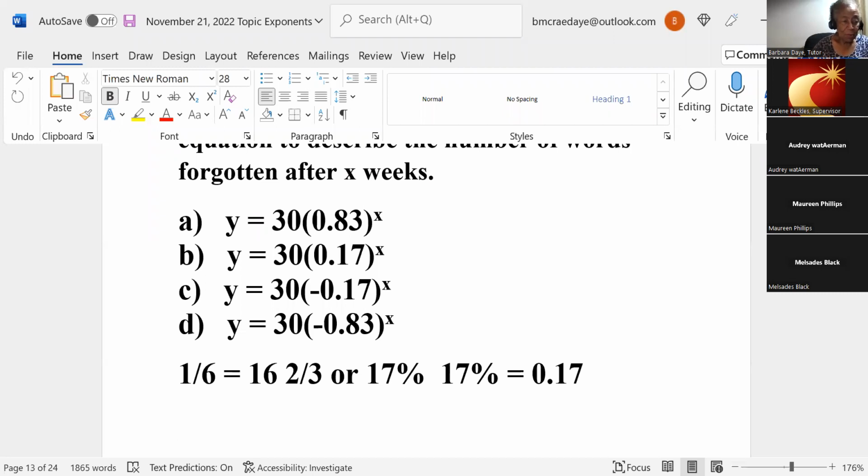B. That's the one you said? B, that's correct. Answer B says apply the 30 words to 0.17, that's the number they forget, raised to the X number of weeks. So you get 0.17 to the X.